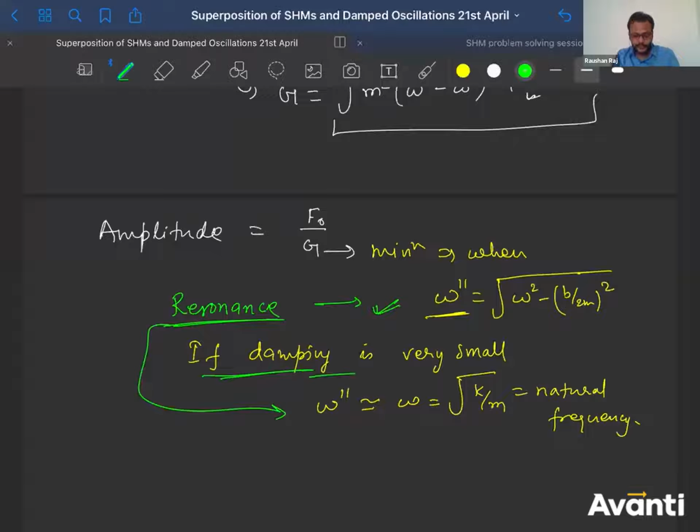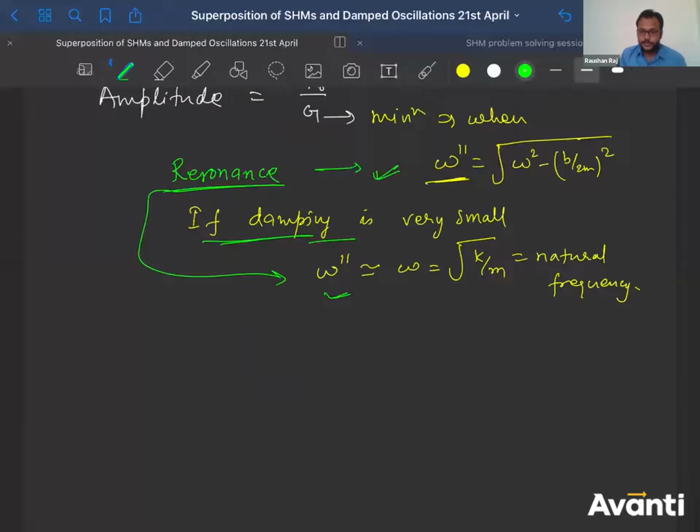So there is one graph that is very famous for forced oscillation or resonance. If you are going to draw a graph for A versus omega, the driving frequency, or omega double dash.